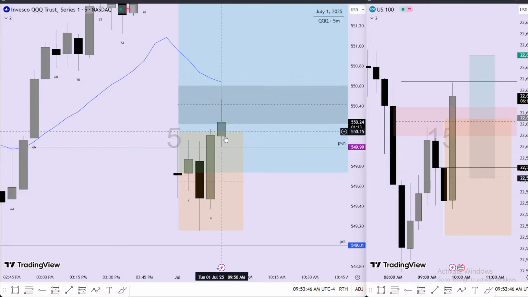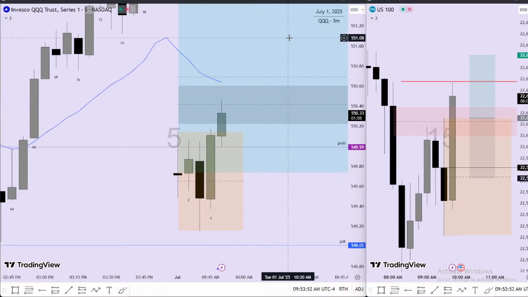After four, this follow through should be strong for a second leg.